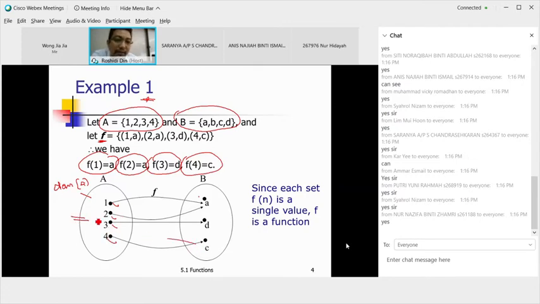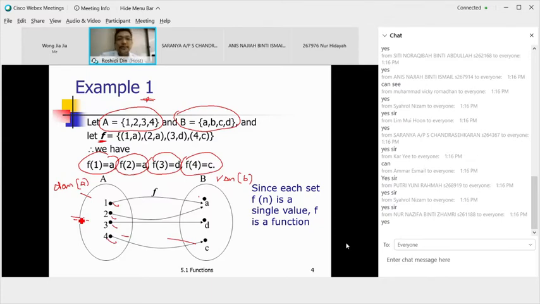This is a function. One of the conditions, once we say that a relation is a function, is that each element in the domain has one relation, one mapping here. We consider it as a domain. We talk about domain only, we do not talk about range. Here is range B. But in order to identify whether this relation is a function or not, each of the elements has one mapping.